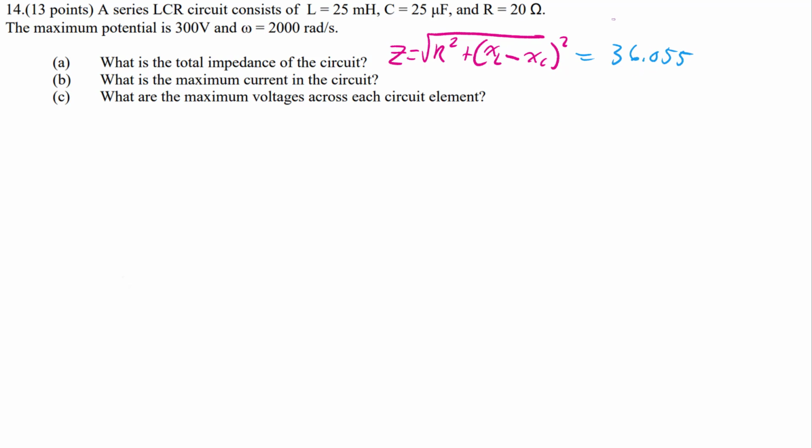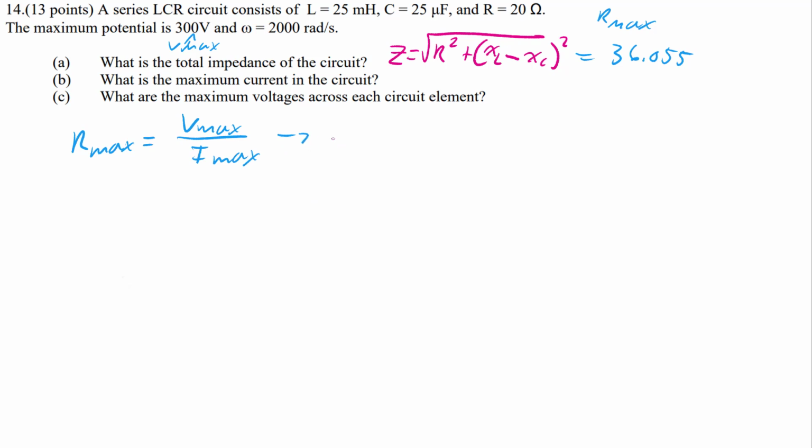Well, that's going to be the maximum impedance. So you can say that this is Z max, right? And now this is asking for current. Okay, well, we can use Ohm's law. We can say that Z max is equal to V max divided by I max.